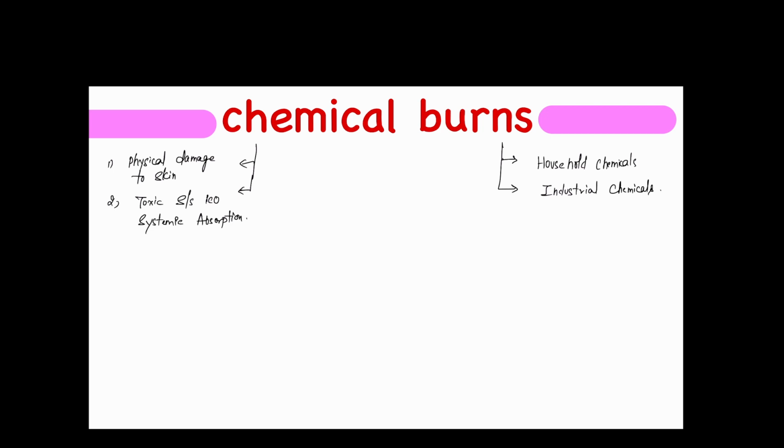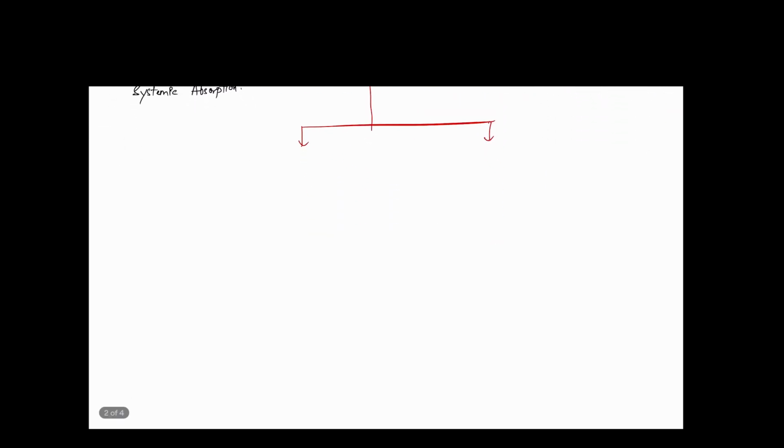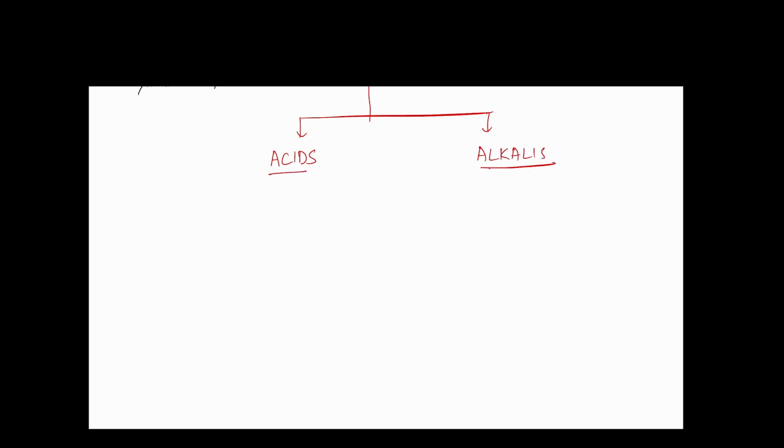Now, predominantly there are two types of chemicals. They are acids and alkalis. Acids are relatively less dangerous and alkalis are relatively more dangerous than acids.